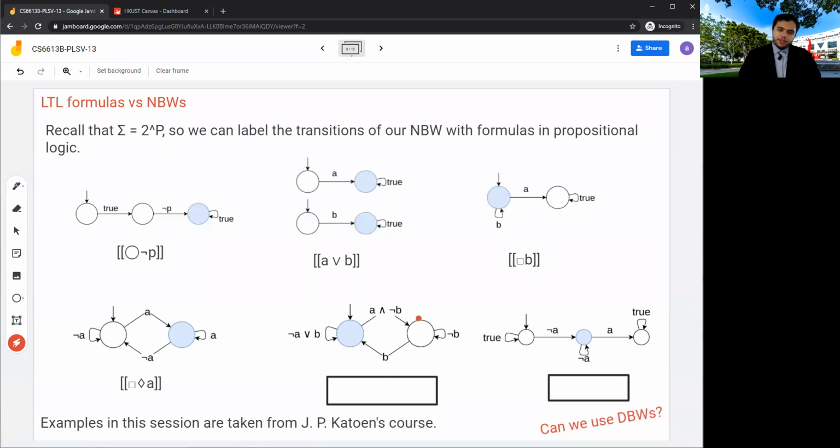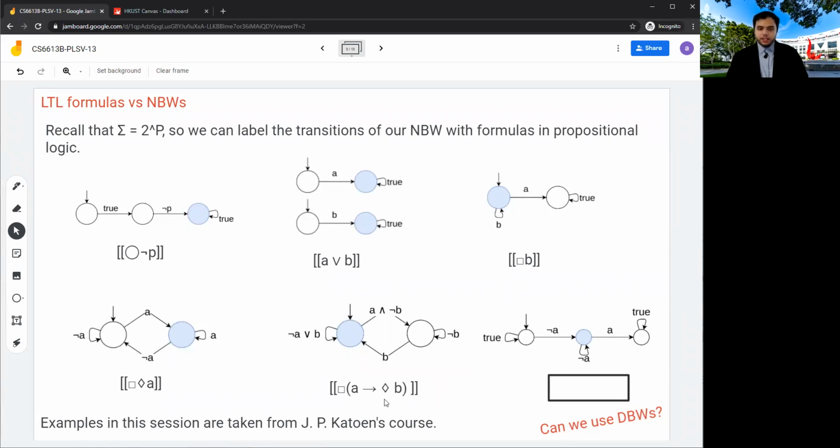So basically what this automaton is saying is that every time you see A and you're not seeing B right at the same time, you have to see B sometime in the future so that you come back, okay? So this is basically always A implies eventually B.